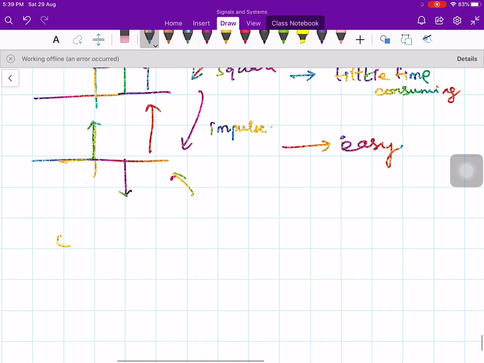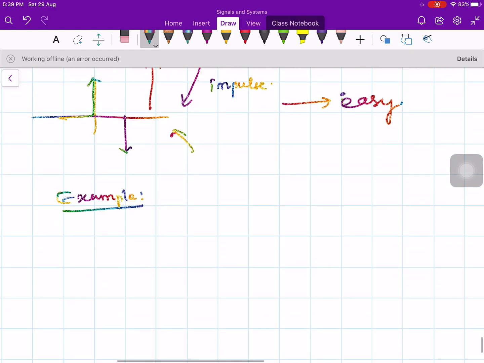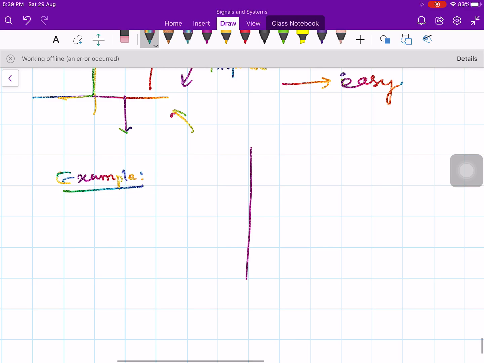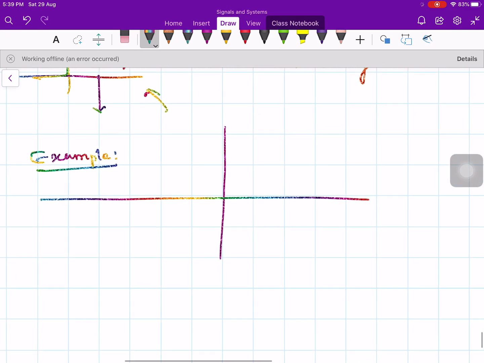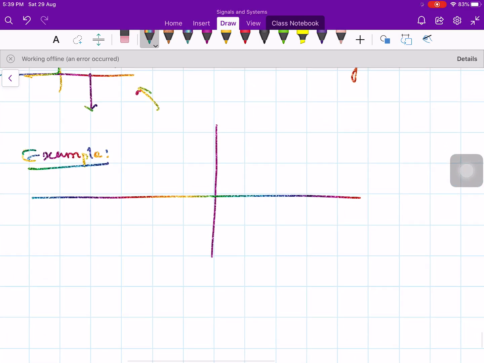So the next example is, take a triangular pulse. I will draw only one pulse here. Let's say this is increasing like this, and then decreasing like this.